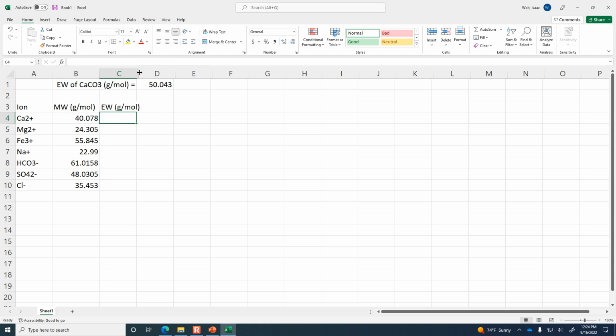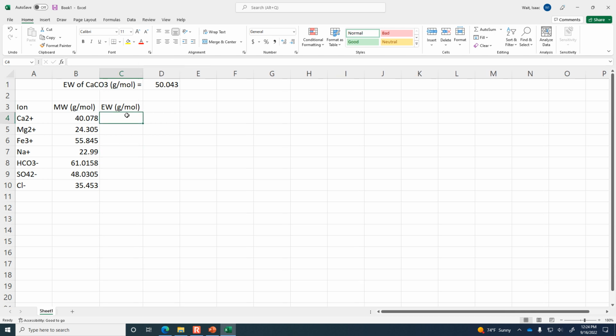Okay, so for the calcium, our equivalent weight will be the molecular weight divided by what? What's the charge? It's 2, so we divide by 2. Same thing for the magnesium. It's the molecular weight divided by 2, because that's the charge. The iron, though, has a charge of 3+, so I'll divide iron by 3 to get the equivalent weight. The sodium is 1, so the molecular weight and the equivalent weight are the same.